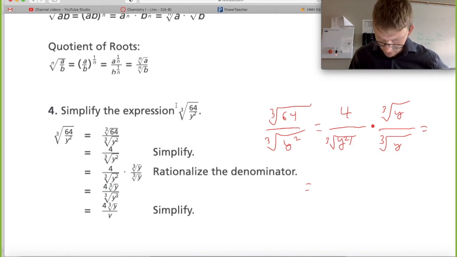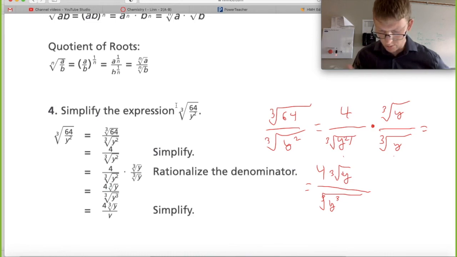What it does is, so we get 4 cube root of y on top, and then we have the cube root of y cubed, because we multiplied it by another one. So this, having the square here, is the same as saying cube root of y times cube root of y times cube root of y. So now we have the cube root of y cubed, which simplifies to just y.